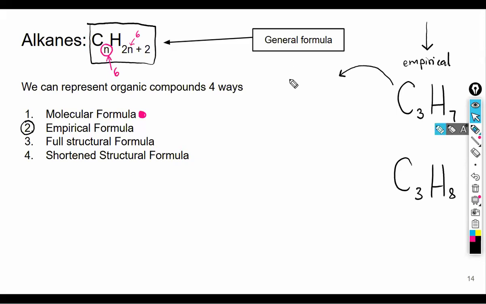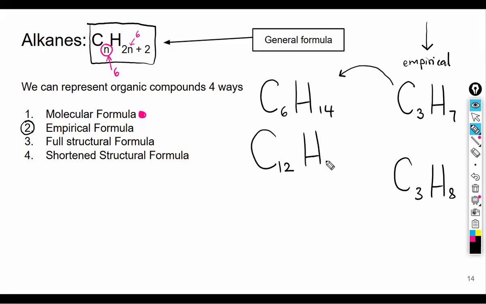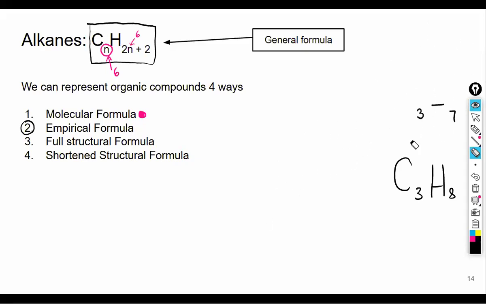No. To me, that's not possible because there are so many possibilities, right? Some person might say, yes, it's 6 and 14. But then another person might say it's 12 and 28. If you reduce 12 and 28, you're still going to get 3 over 7, right?